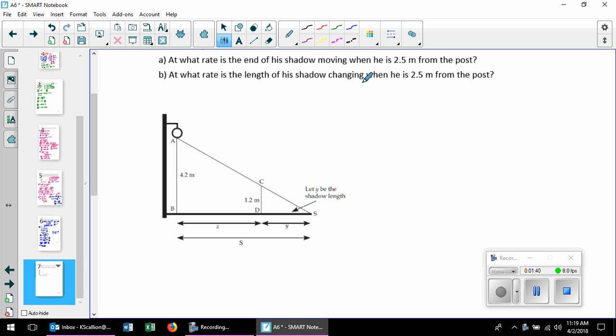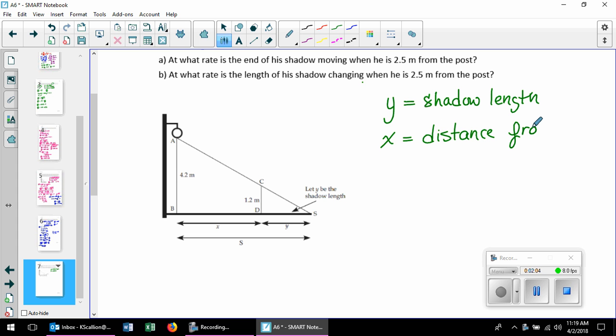So we got y. What does y represent? Okay, what's next? Okay, distance from where? And the last thing is, what are we measuring?